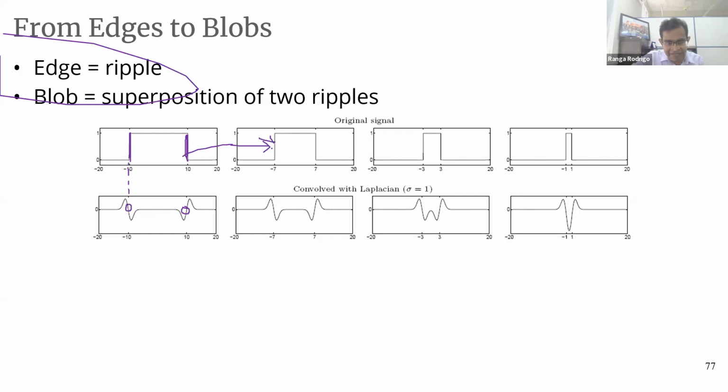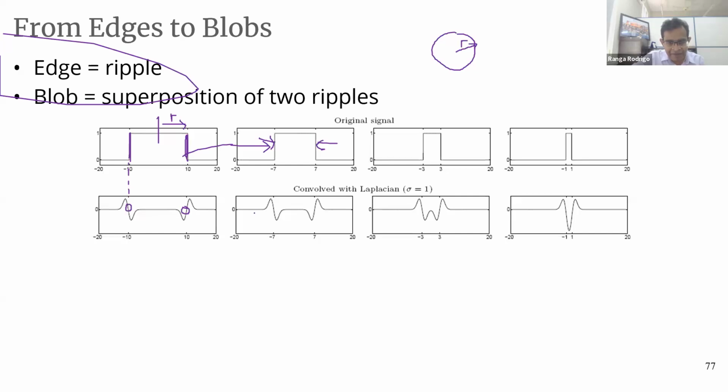By shrinking, if you consider this as a circle in 2D, we are controlling the radius of that.